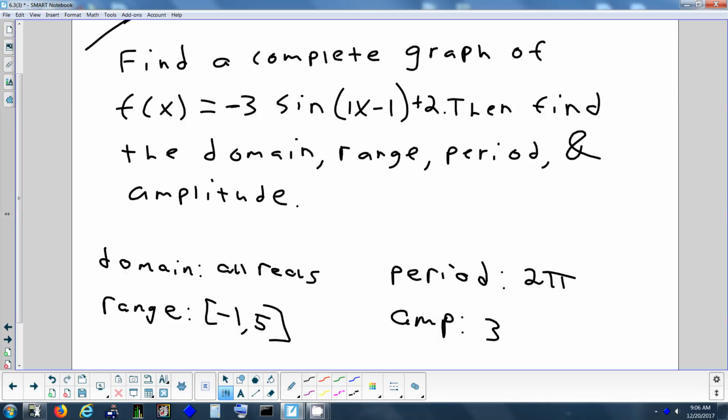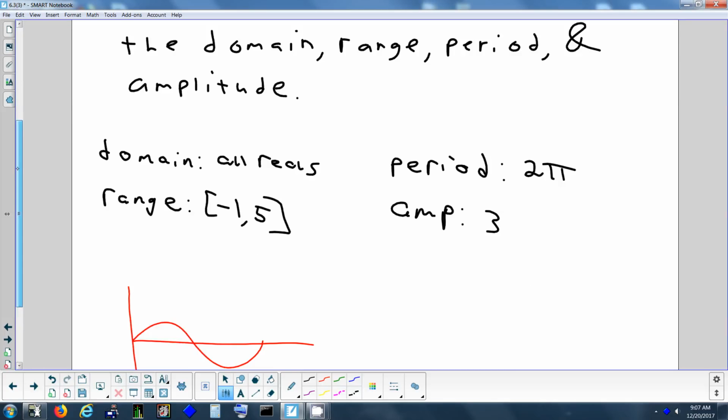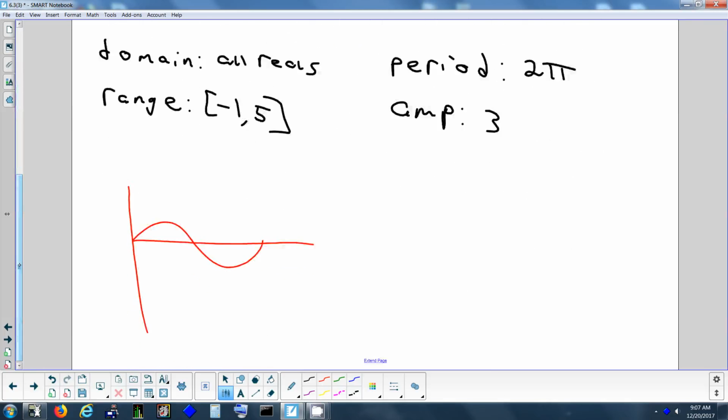Well, I'm going to erase that, but if you put a negative in there, think about what that would do. Here's your original. If you put a negative in there, a negative has no effect on the highest and the lowest that it goes. It just flips it. So if we apply that to our problem, first you're tripling the height, so it would look like that.